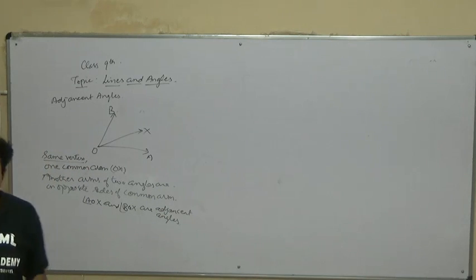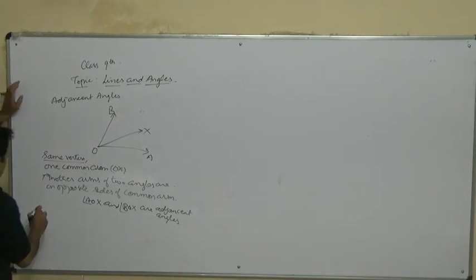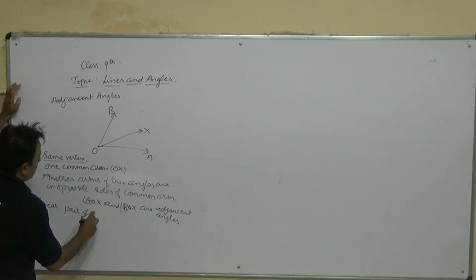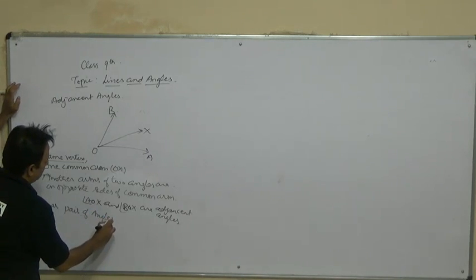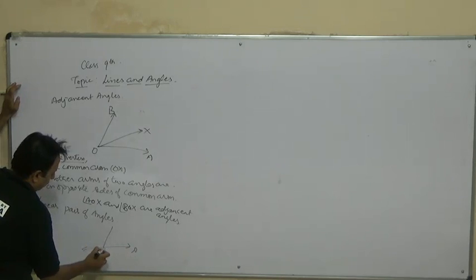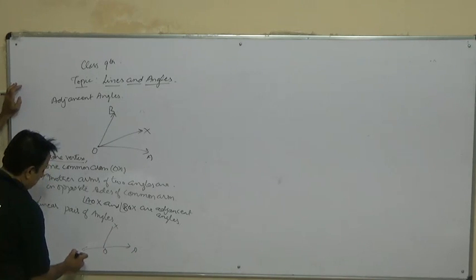Then we can say linear pair of angles. So इसमें क्या है, अगर दो adjacent angles का सम जो हमारे पास 180 डिग्री बने तो वो linear pair बनेगा. For example, this is your AOX and this is BOX.